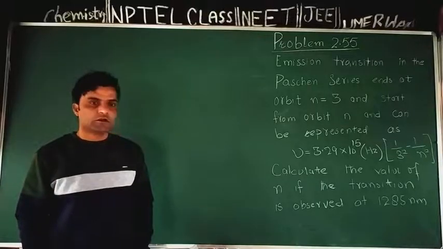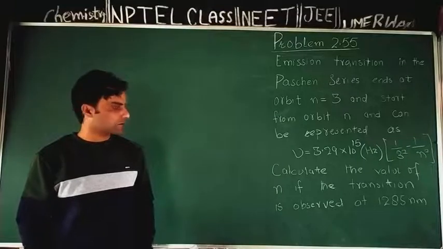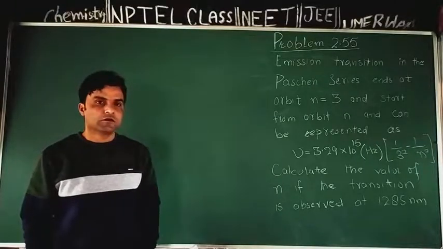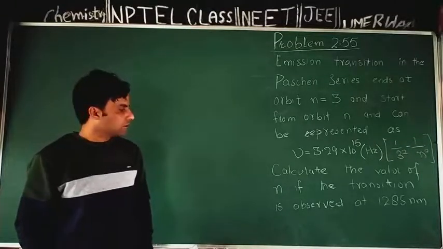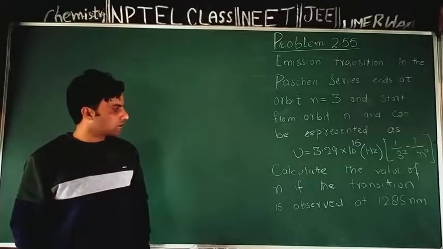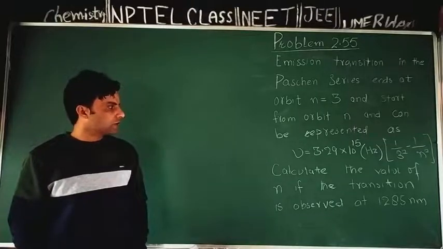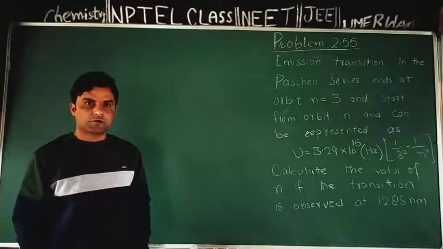We have to calculate the value of higher energy orbit n, from which electron returns to n is equal to 3, if the transition is observed at 1285 nanometer wavelength.